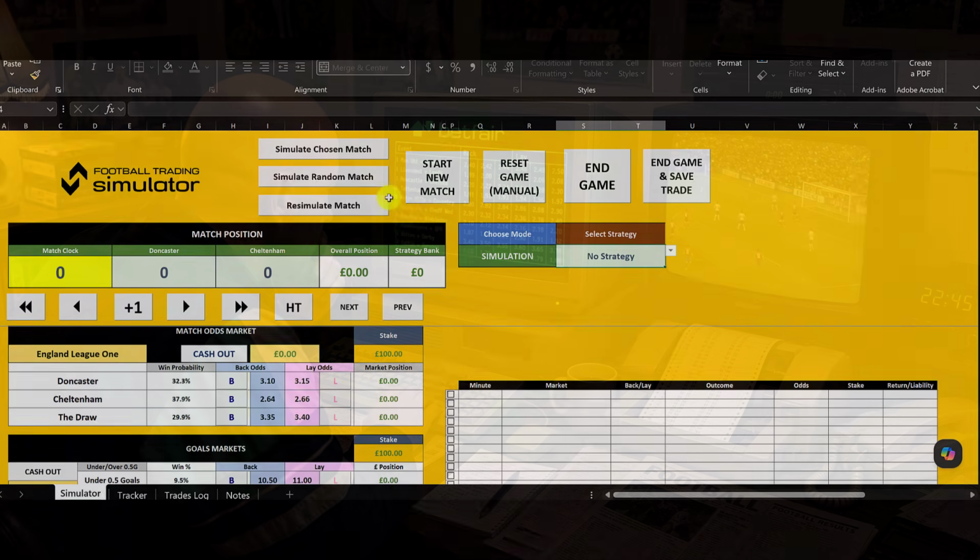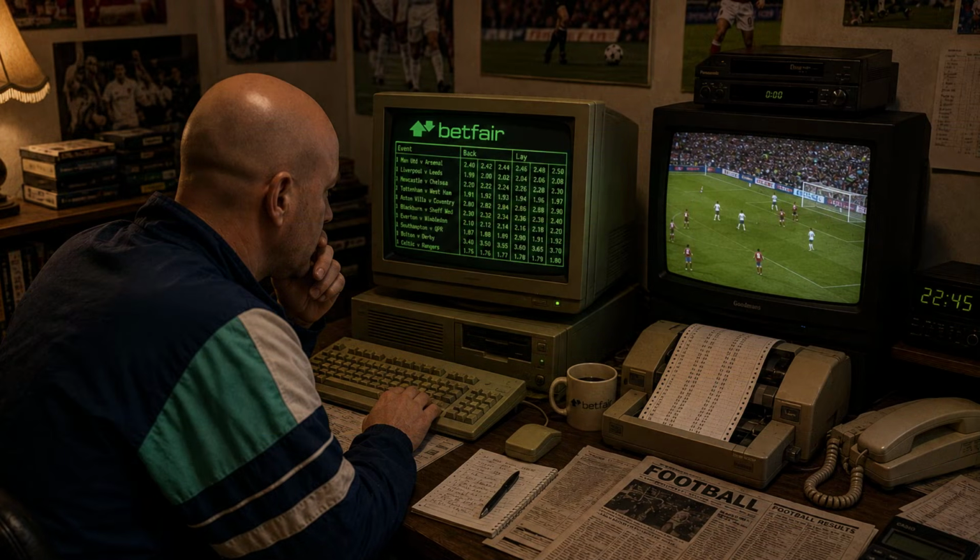But it does bring me back to the old days of football trading when I first started around 20 years ago. To learn the markets back in those days, we literally had to watch the match. You had to write down the prices at certain minutes of the match. And obviously not every match is the same.